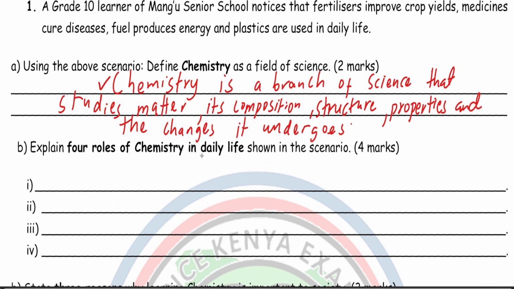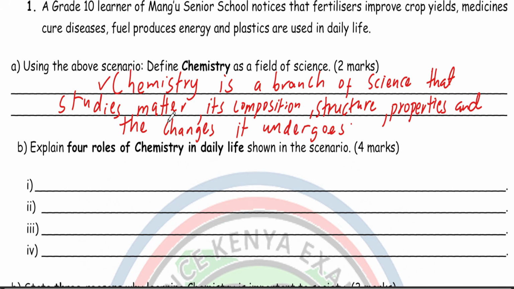Remember, if someone tells you what is matter, matter is anything that occupies space and has mass, right? So when we look at matter, there are different forms or constituents of matter. We have solid, we have liquid, we have gas. Now, what are the solids composed of?